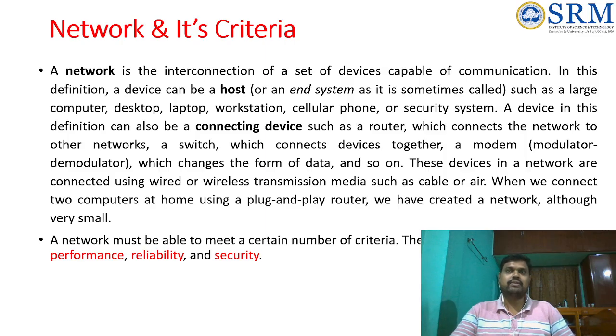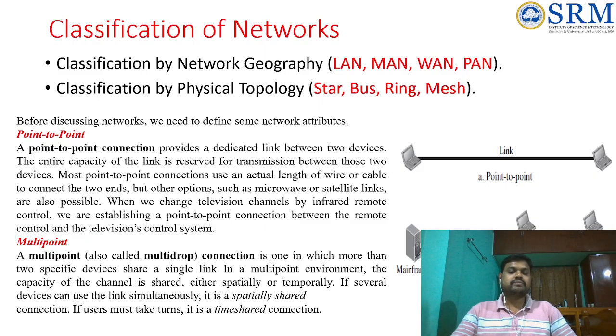Performance includes everything: the rate of transmission, speed, processing ability. Reliability is basically the probability, how reliable it is even in the case of traffic. Security is another concern, how securely it can transfer the data from one end to another end. So these are some important network criteria while we design a network.